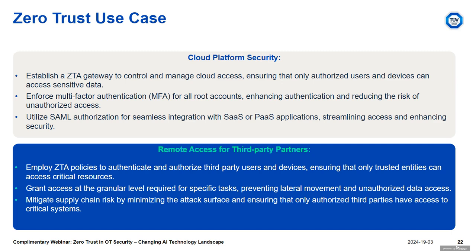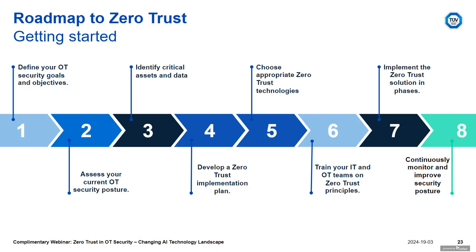Usually the first question that comes to everyone's mind is how we should approach it. So I would like to highlight a roadmap which helps the organization, and also the audience today, understand how they can take an 8-step approach to adopt this principle and start looking in that direction.